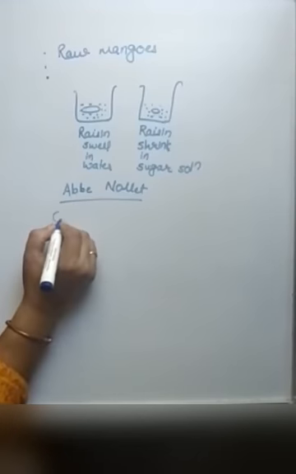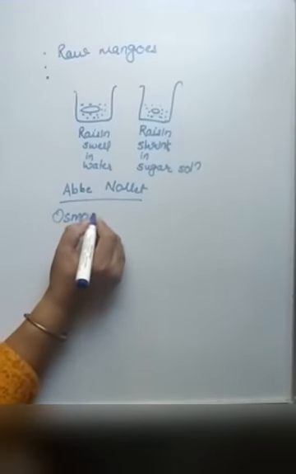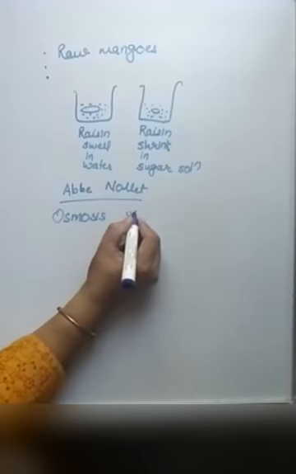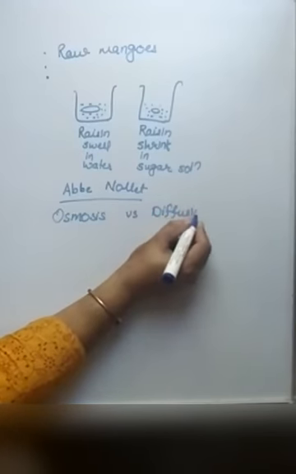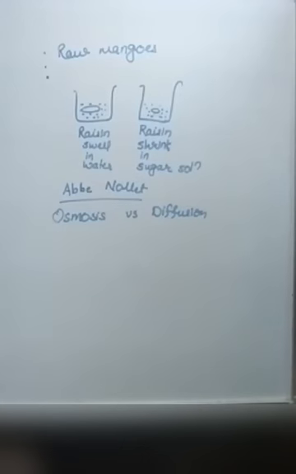Last but not least, what is the difference between osmosis and diffusion? We usually say if we light an incense stick, we find the smell spreads all over the room. Though we have kept the incense stick in the corner of the room, yet we find the smell spreads all over. Something is cooked in the kitchen, the smell spreads over.